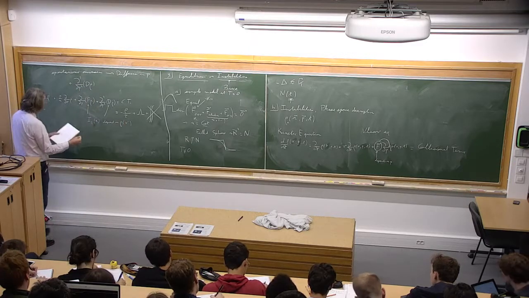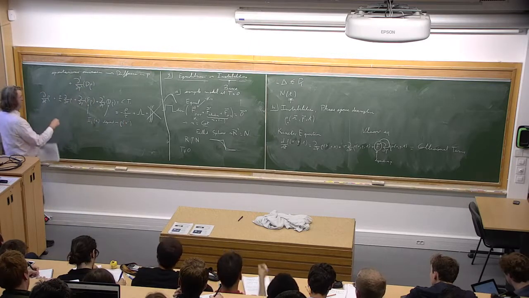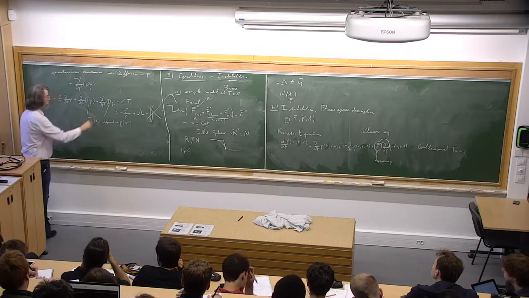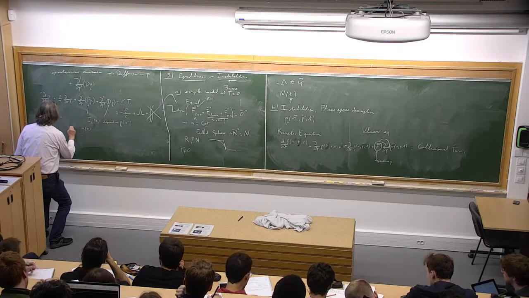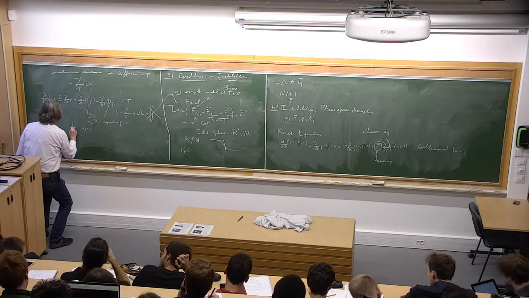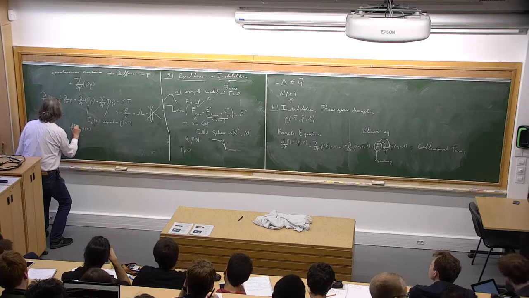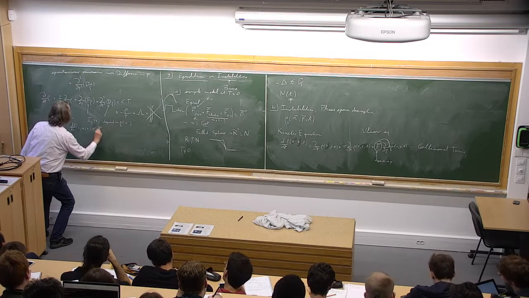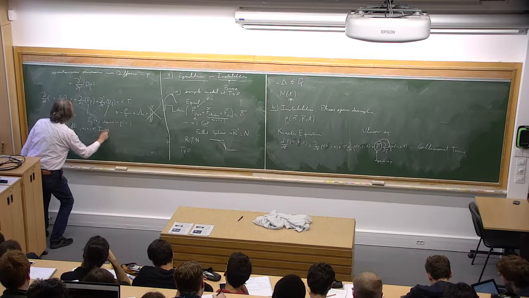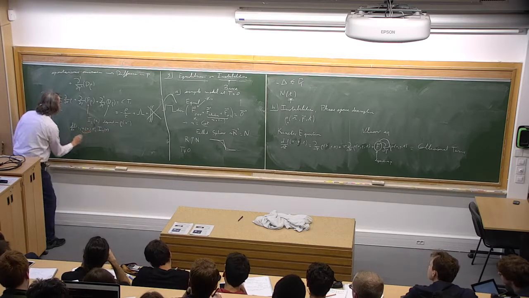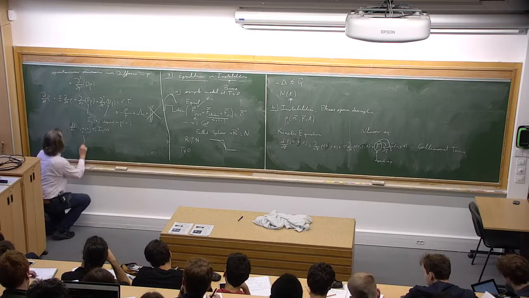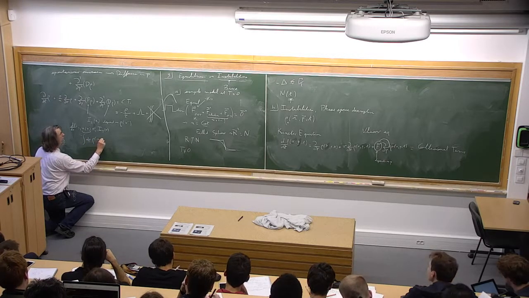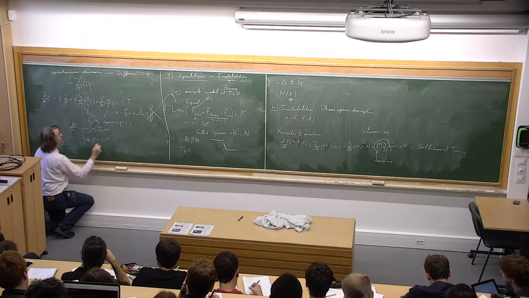Because obviously the n of x that was in the equation for d/dx of I plus or minus, minus or plus sigma L I plus or minus, is nothing else than the sum over p of rho of x, p, and t.